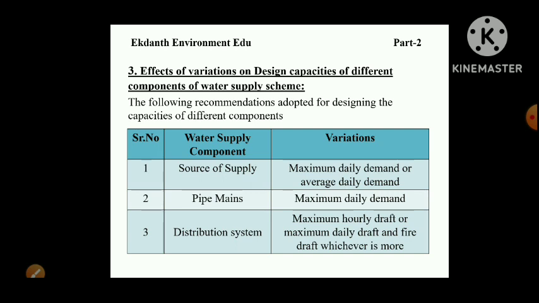Likewise, the third one is your distribution system. The distribution system is designed as per the maximum hourly draft, or the maximum daily draft plus the fire draft, whichever is more. That means the distribution system works on coincident draft. Remember this point.